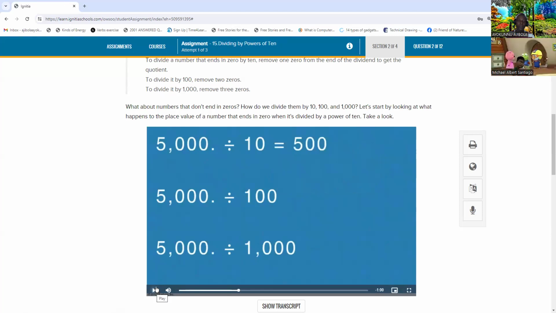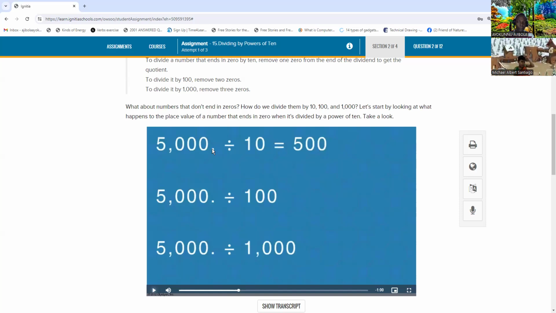5,000. Now, something was mentioned that I want us to look at. 5,000 doesn't have any decimal point, but the decimal point can be at the end of the last 0, okay?